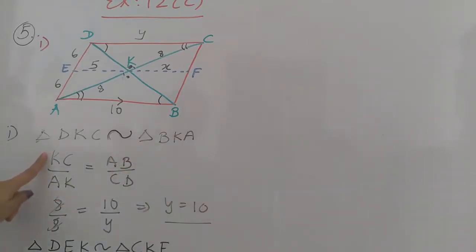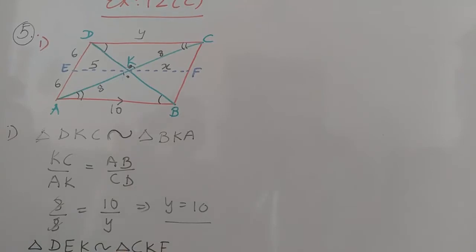So I have written the corresponding sides ratio, KC upon AK is equal to AB upon CD, according to the definition of similarity. Now KC value is given as 8 in the figure and AK is also 8, equal to AB 10 upon CD y. So 8 gets cancelled and the y value I found here is 10.